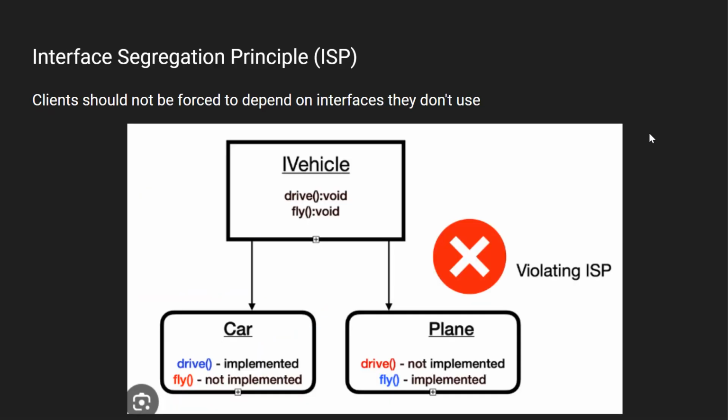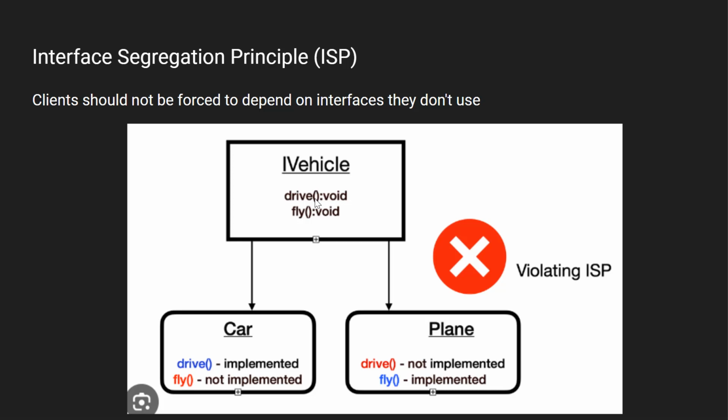Next, we have the interface segregation principle. What this means is that clients should not be forced to depend on interfaces they don't use. So let's say, for example, we have defined a class called IVehicle, and we've got two void functions defined, drive and fly.